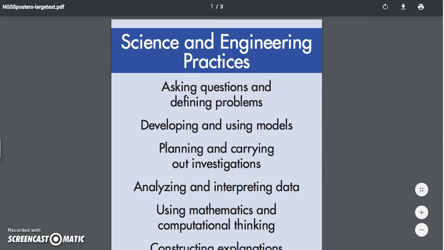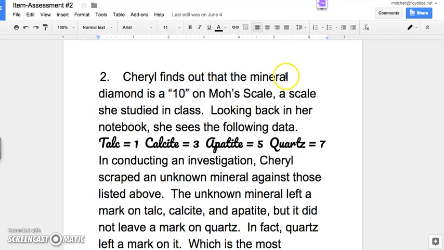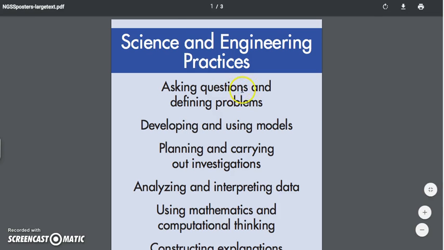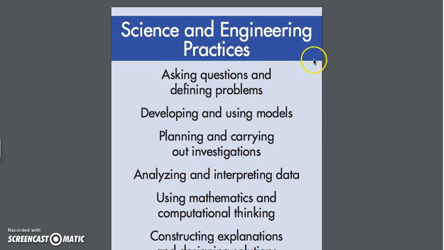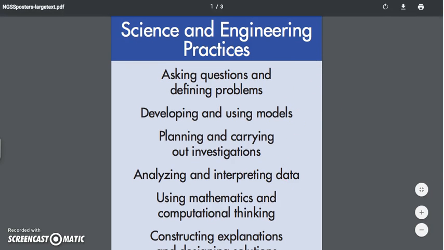So let's see where that comes in. You can see Cheryl finds that a mineral, diamond, is a 10 on Mohs scale, a scale she studied in class, and then they are given the data. So it's not just a matter of mentioning the word data. When you have any of these science and engineering practices, you don't just mention them. That's something that the students do or that the students see the results of.